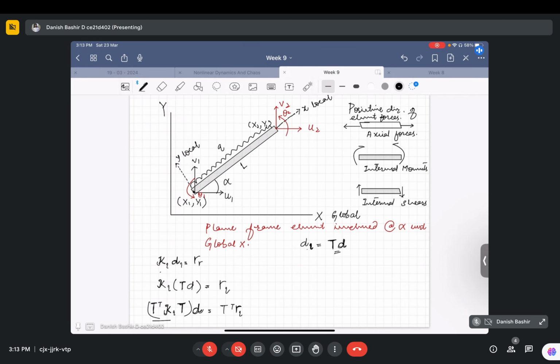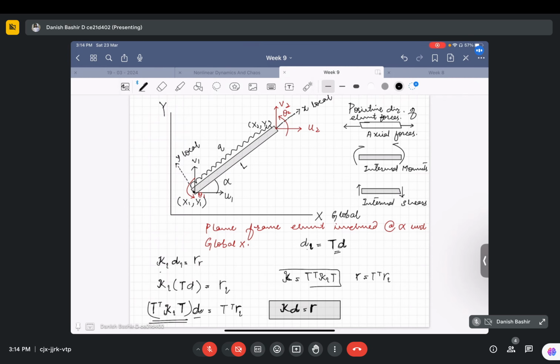So we call this quantity the stiffness matrix in global coordinates, represented by K times D is equal to R. We again got the same quantity, K times D is equal to R, where these have different meanings: capital K is equal to T transpose K local times T, and R is equal to T transpose RL.